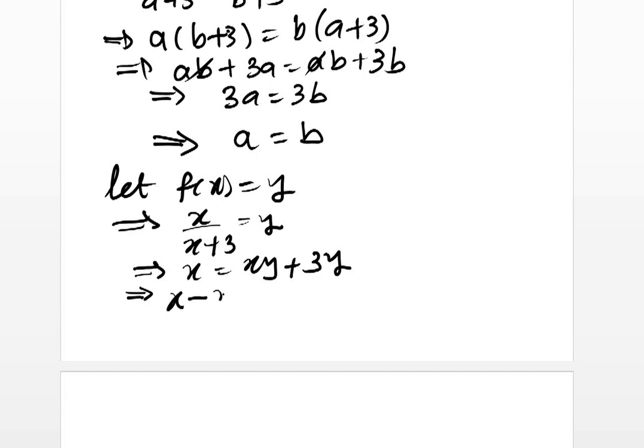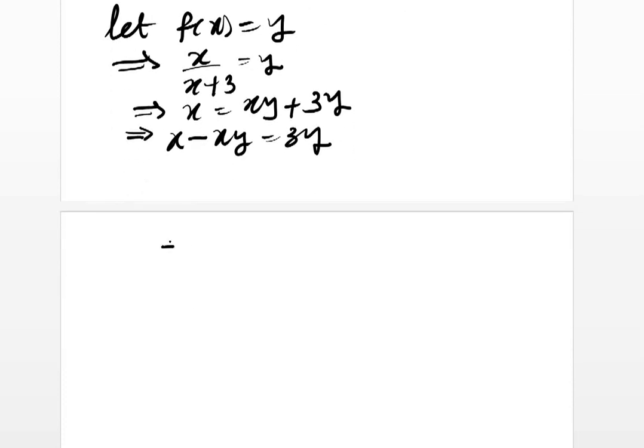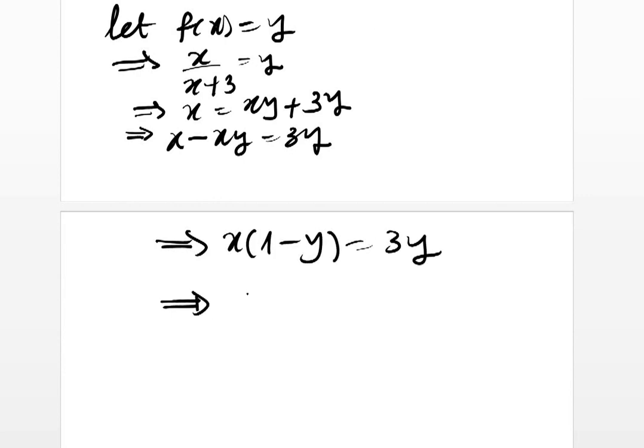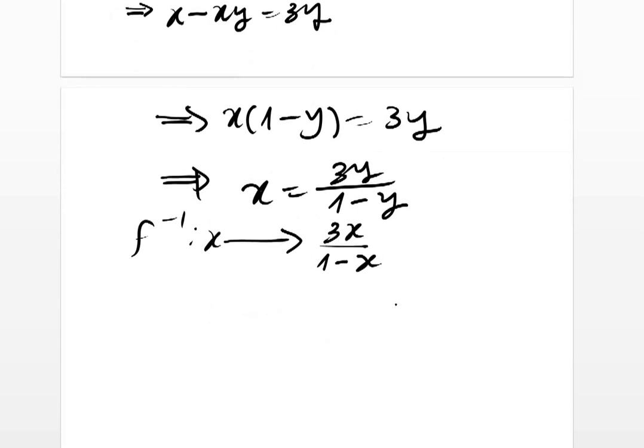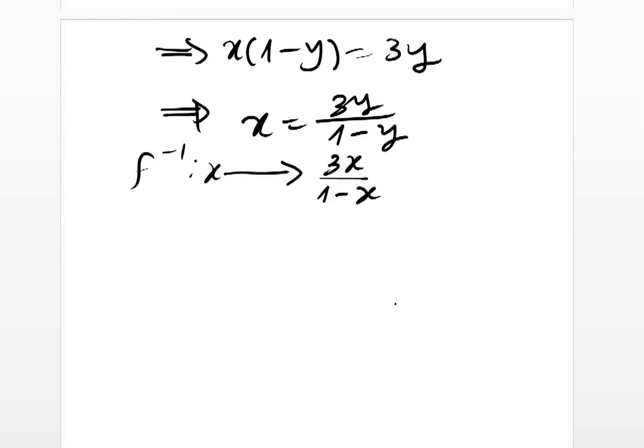We have x minus xy equals 3y, so x times (1 minus y) equals 3y, which implies x is 3y over 1 minus y. So our F inverse will simply be 3x over 1 minus x.